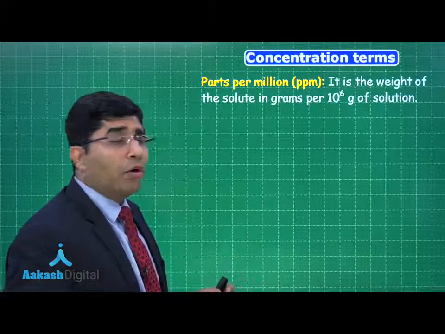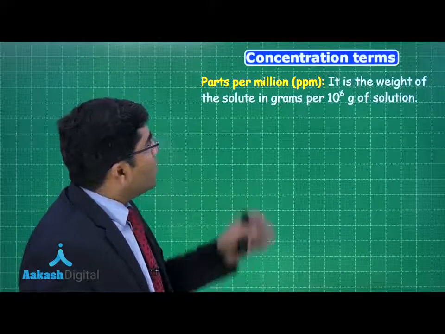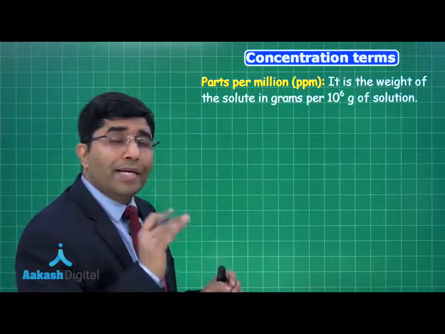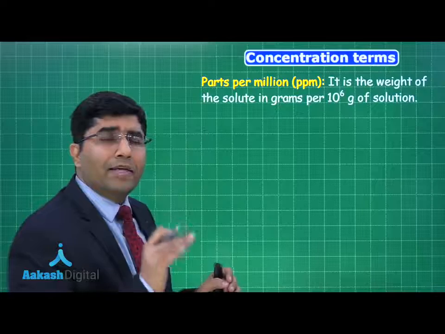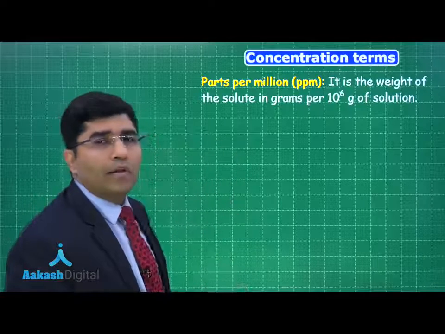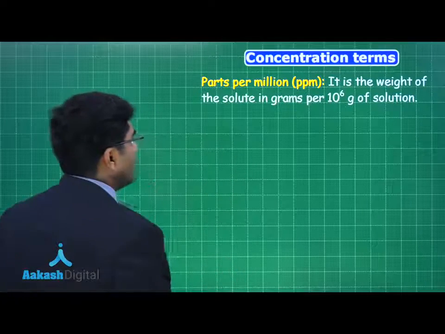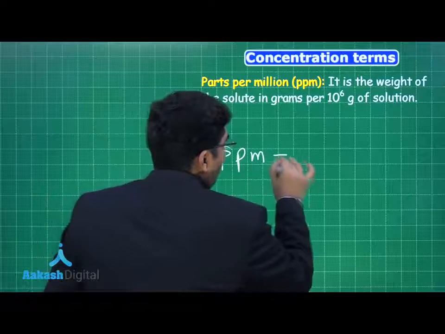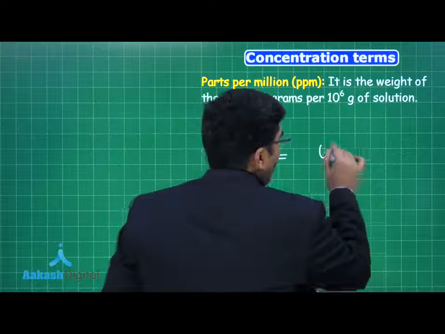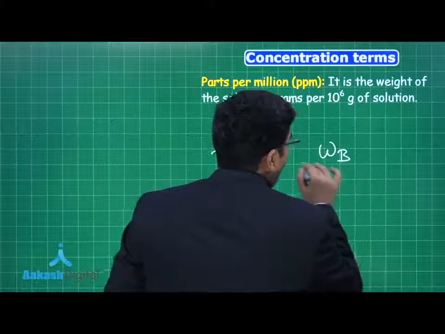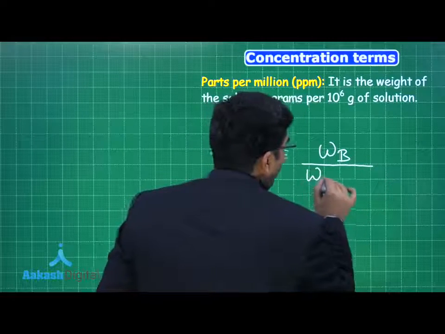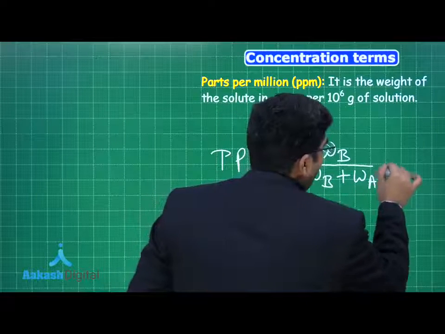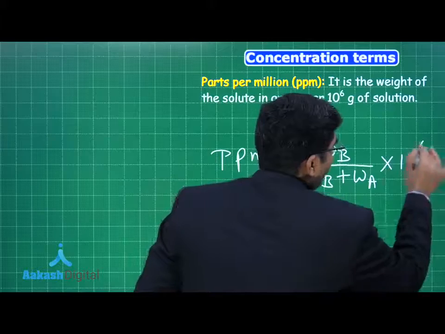Now let's talk about parts per million. It is the weight of the solute in grams per 10 to the power 6 grams, that is 10 lakh grams, of the solution. The formula can be written as Wb, the weight of solute, divided by Wb plus Wa, multiplied by 10 to the power 6.